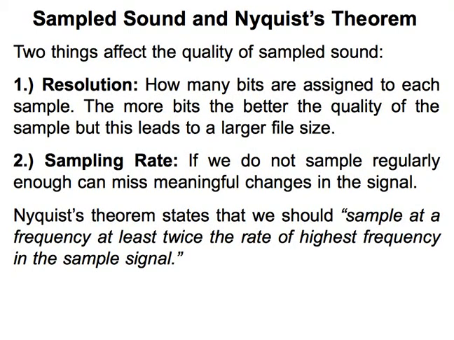A couple of other things here then. Resolution, how many bits are assigned to each sample. That is, again, like we talked about before with bitmaps, how large a number are you going to store for every sample?